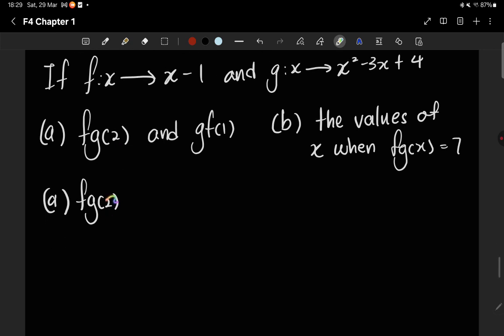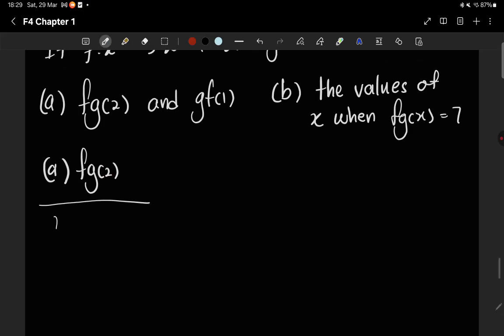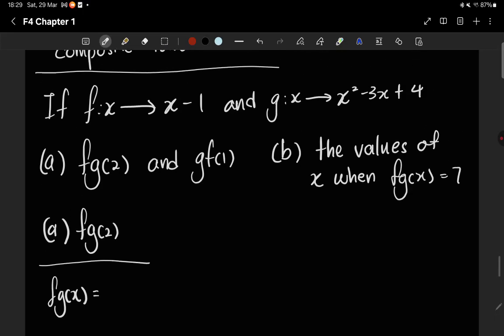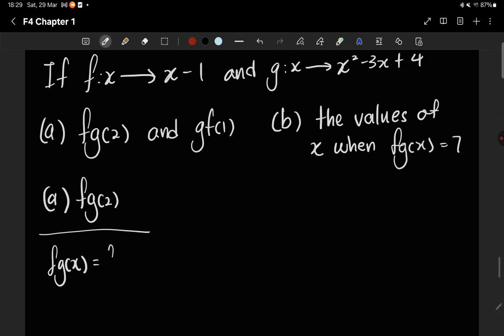Well, let's take a moment to neglect that 2 first. Why don't we try to find what is fg of x first? And with that, once we find our composite function, we can sub in the 2 and we'll get the wanted image. So with that, let's try to do it.